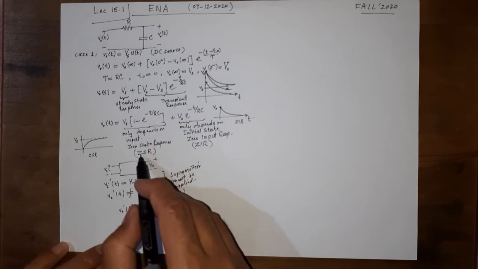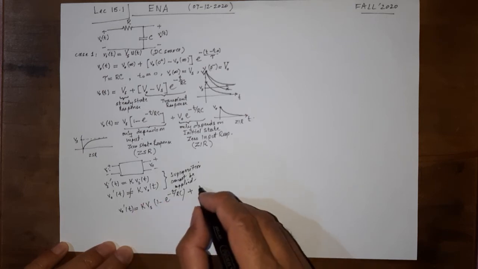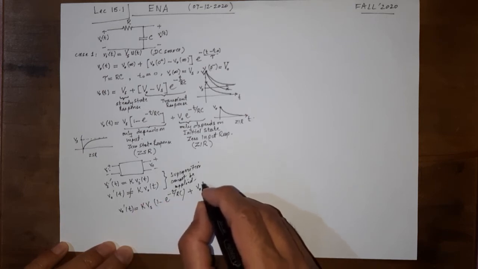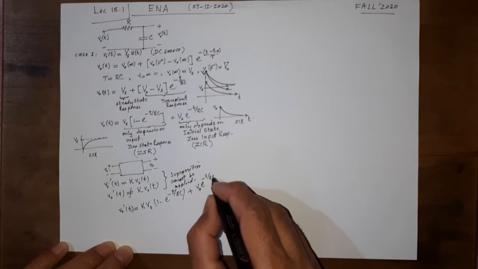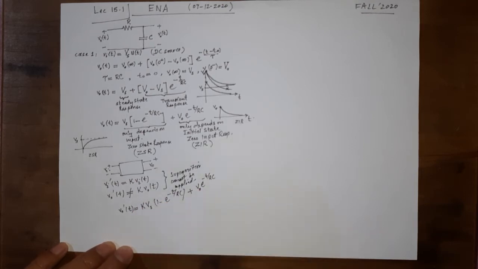So the zero state response would be this plus the zero input response. If the input is now zeroed out, the output would be exactly the same term. So this K is not multiplied throughout, it's only multiplied with this term.